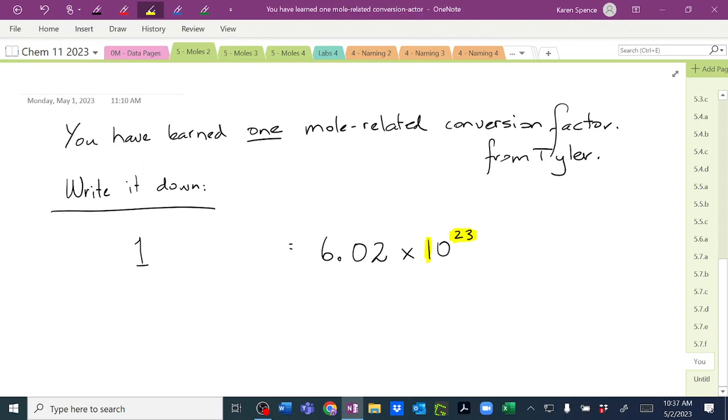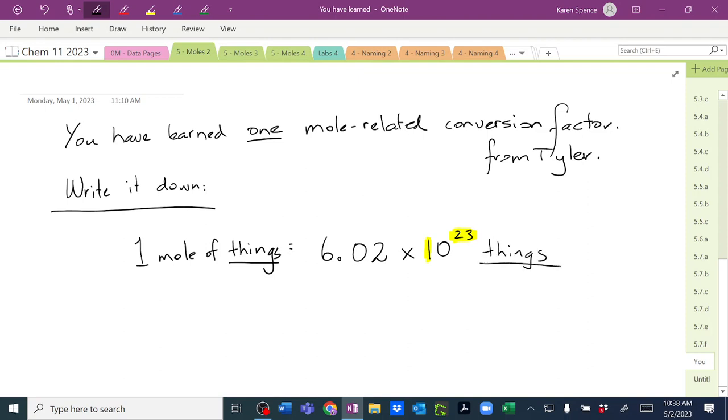Okay, so what are the units that go on each side of this conversion factor? Mole. Where does the mole go? It goes with the 1 mole. And so it's going to be 1 mole of things, whatever those things may be, is equal to 6.02 times 10 to the 23 things.